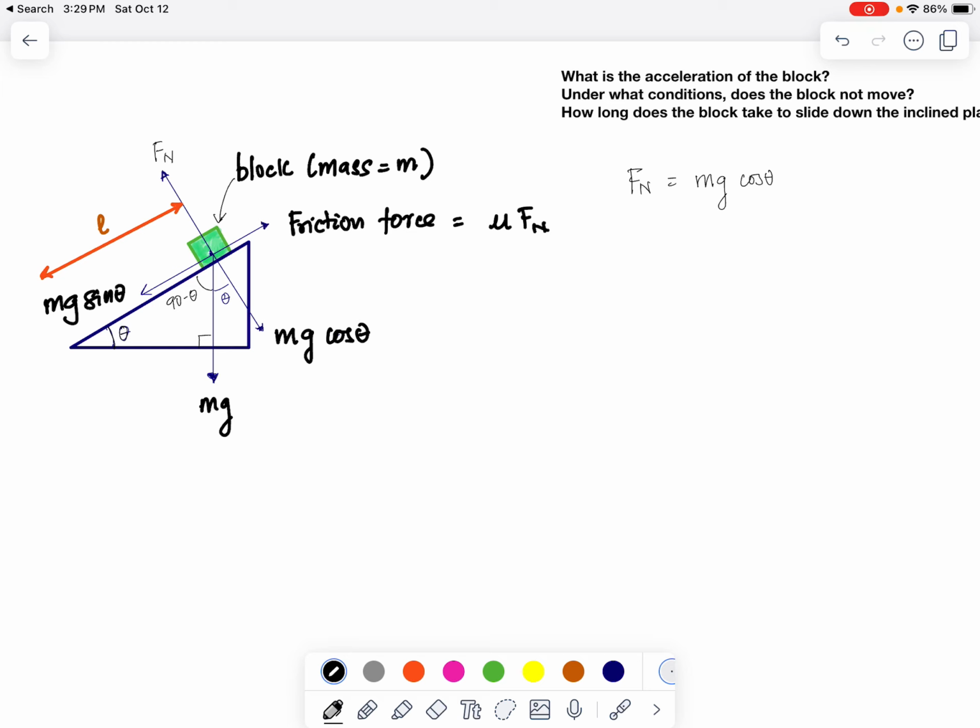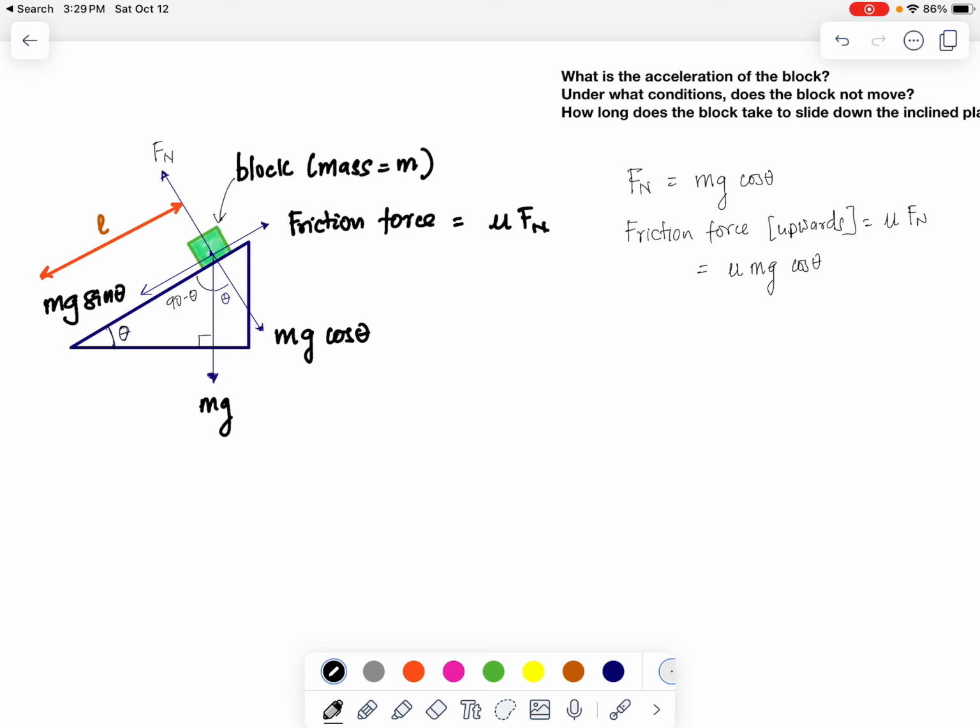So the friction force here, which acts upwards along the inclined plane, is mu times Fn, and that equals mu times mg cosine theta.